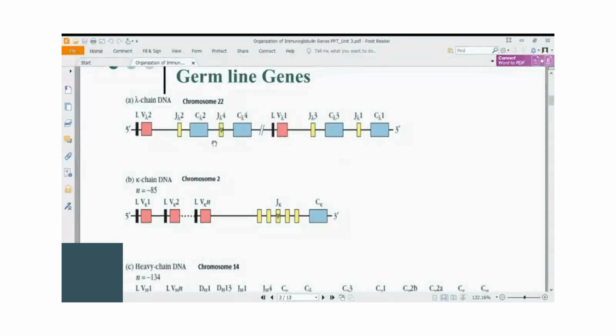Okay, and then probably one or two constant regions here in the diagram, two constant regions, that is C lambda 2 and C lambda 4. C lambda 2 and C lambda 4 at the 3' end are shown with one variable region gene, one variable region gene on the 5' end.